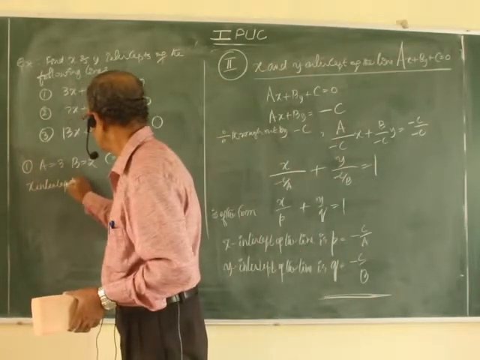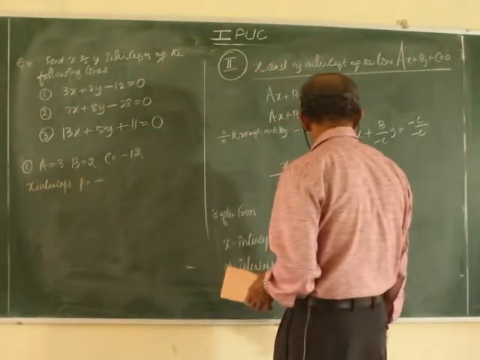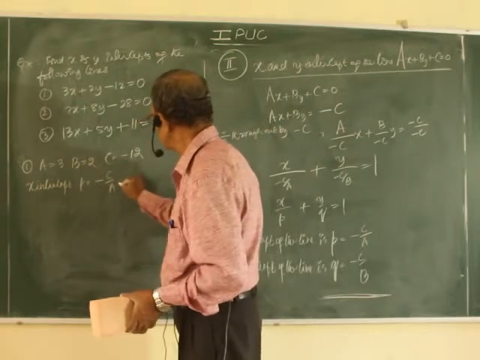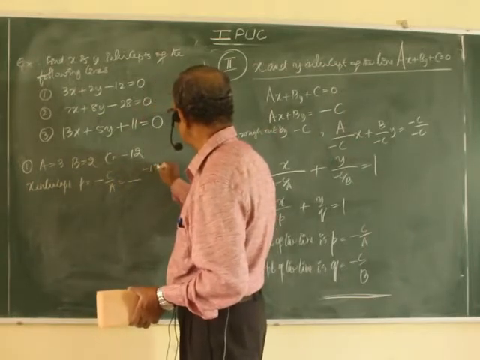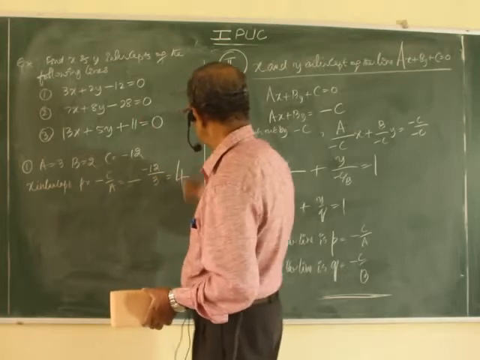X-intercept p equal to minus c by a, which is 4.